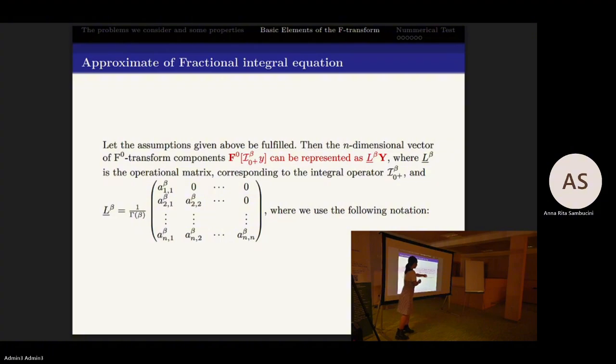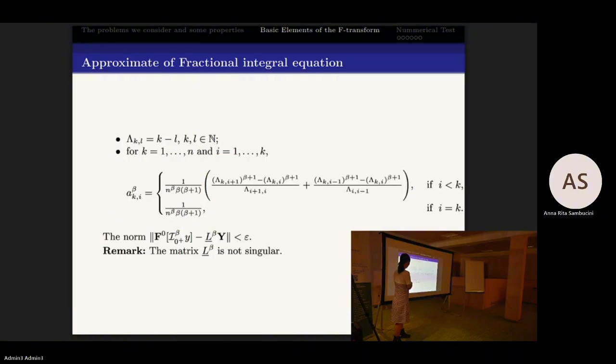This matrix can be estimated by this, where the element could be computed like this, and you can see that the norm of the distance between this term and the multiplication is quite small.